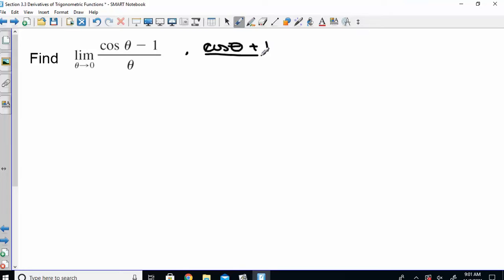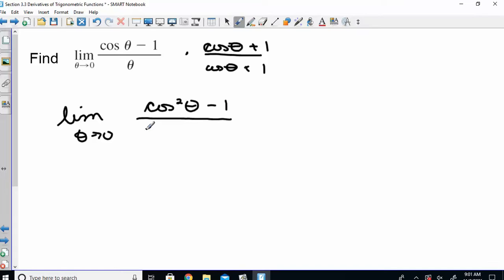So if I multiply by cosine theta plus 1 on top and bottom, so if we FOIL, we get cosine squared theta plus cosine and minus cosine cancel, minus 1 over theta times cosine theta plus 1. Cosine squared theta minus 1.